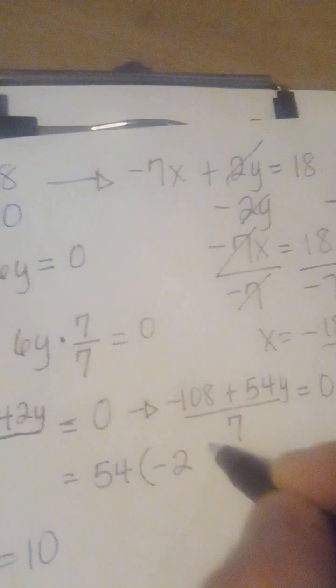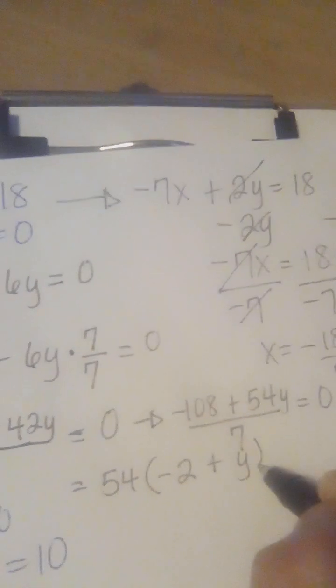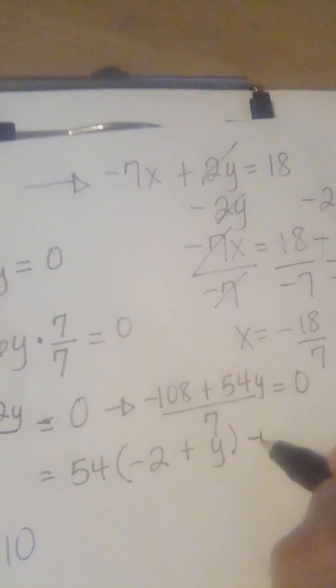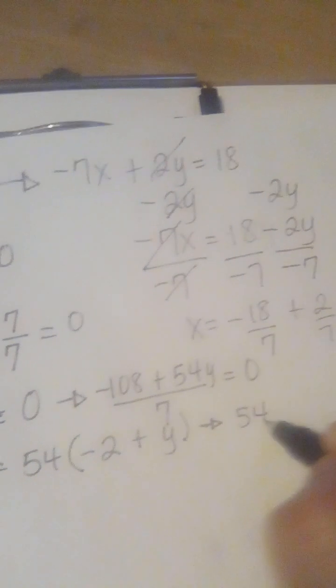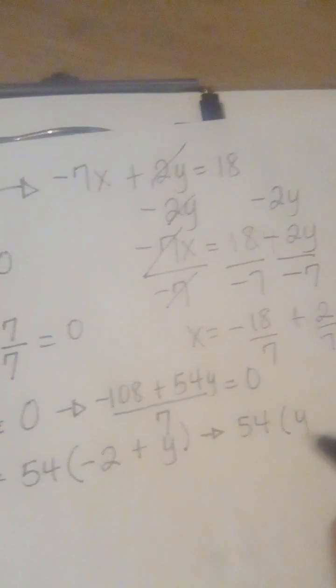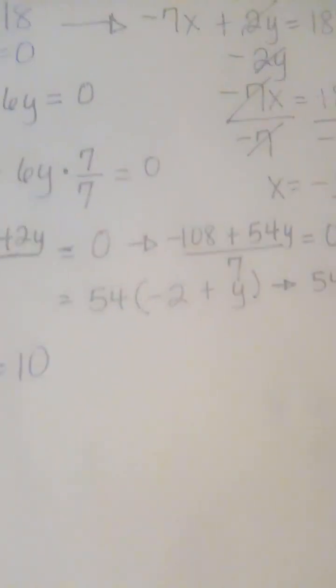And then we got positive y. We could switch it over just a bit. We'll just turn this around. We have 54 times y minus 2 equals 0. Right? It looks a little bit weird, but forgive me on that.